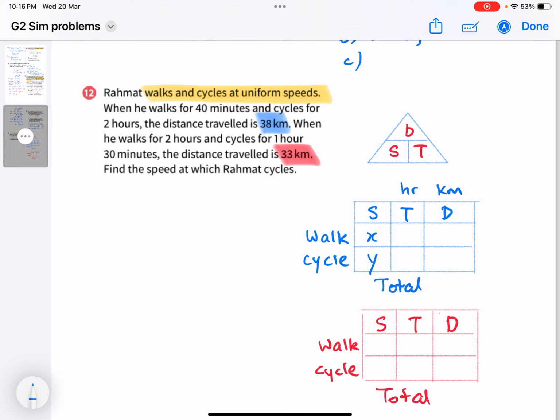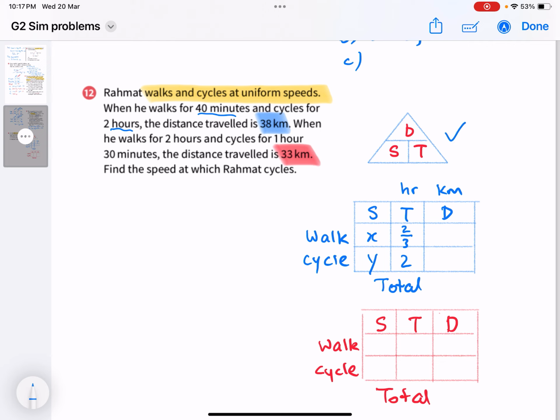Now, he walks for 40 minutes. Remember that the time must be consistent, so we cannot have minutes and hours. It must be all hours. So 40 minutes is actually 2/3 hour, right? So he walks for 2/3 hour and he cycles for 2 hours.